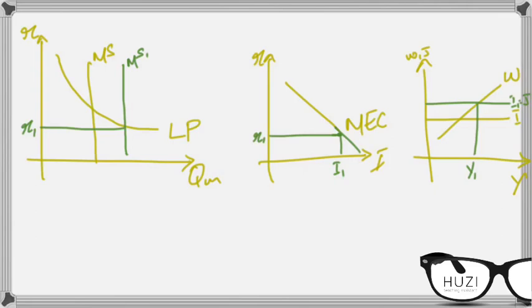However, the rise in equilibrium income will lead to a rise in the demand for money, right? So let's use a different color to show this. This means that the liquidity preference curve will slightly rise. So if the liquidity preference curve slightly rises, this will increase the interest rates a little.